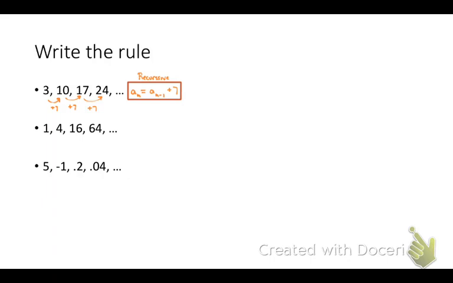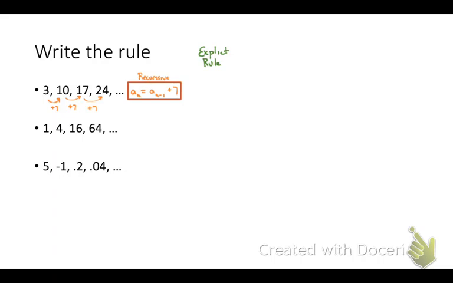The only time we're going to use explicit rules is whenever it's arithmetic or geometric, whenever there's a common difference or a common ratio. So, if we were going to write an explicit rule, this is just what we've done up until this point. Hopefully you can see the relation between the two.